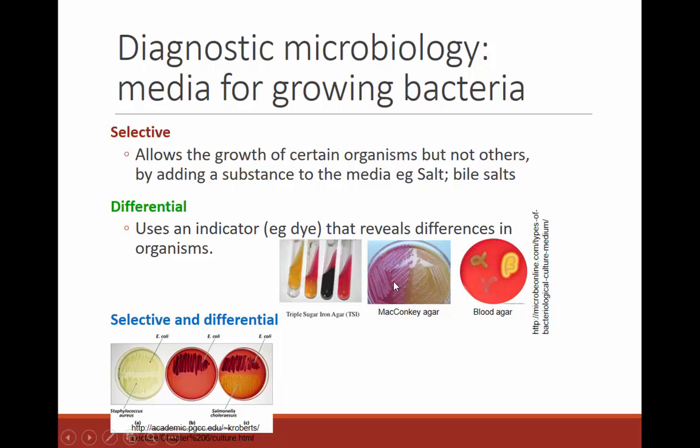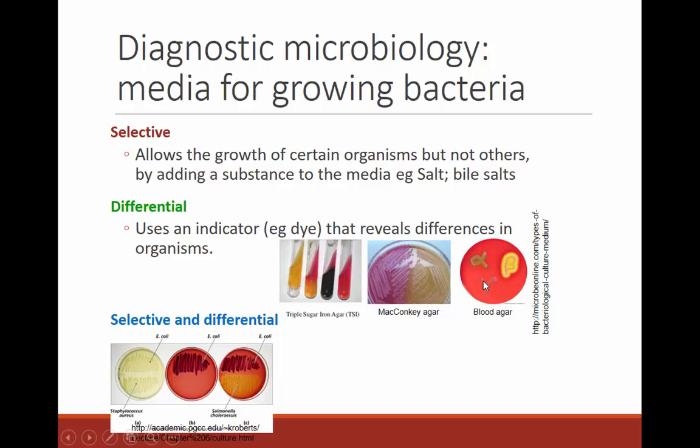If it's fermenting or metabolizing the sugar, it will produce acid, and the indicator will change colour, typically to yellow. So you can actually differentiate the growth. You can see here that one might ferment one sugar and one doesn't.